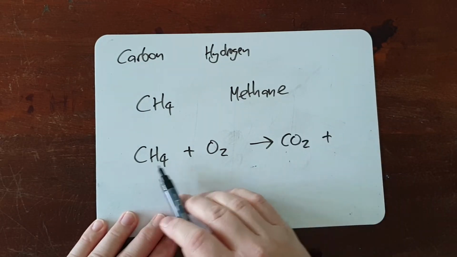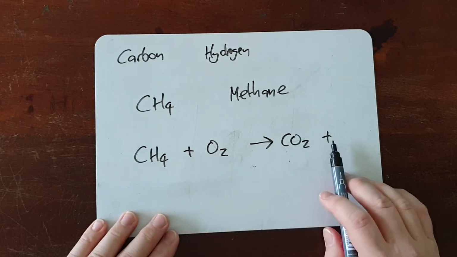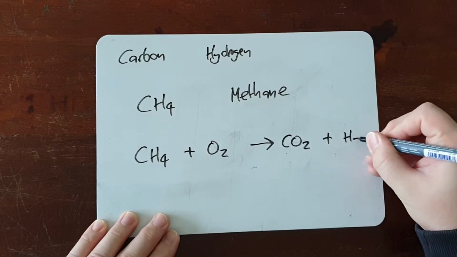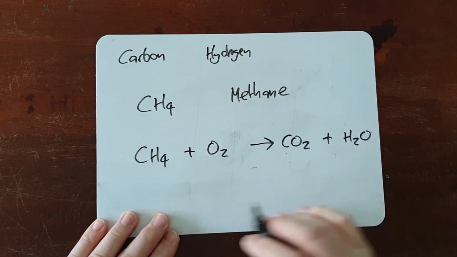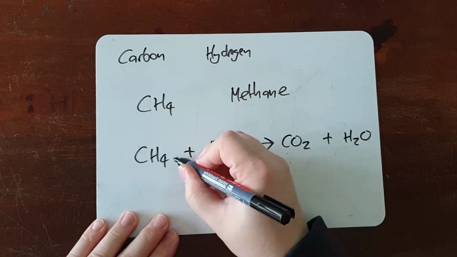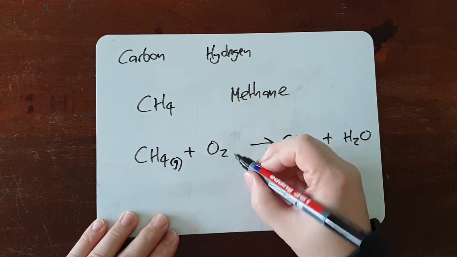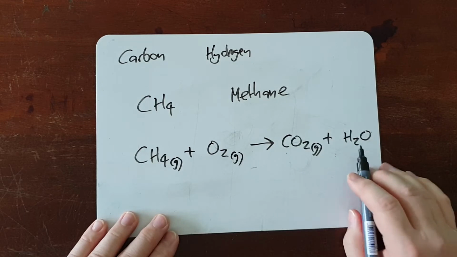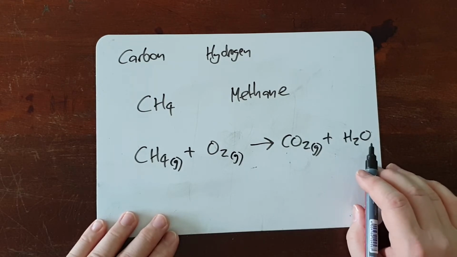So the carbon reacts with oxygen to make carbon dioxide, and the hydrogen reacts with oxygen to make water, H2O. If we were going to do state symbols, methane is a gas, oxygen is a gas, carbon dioxide is a gas, and I know water is a liquid, but it's a liquid at room temperature.